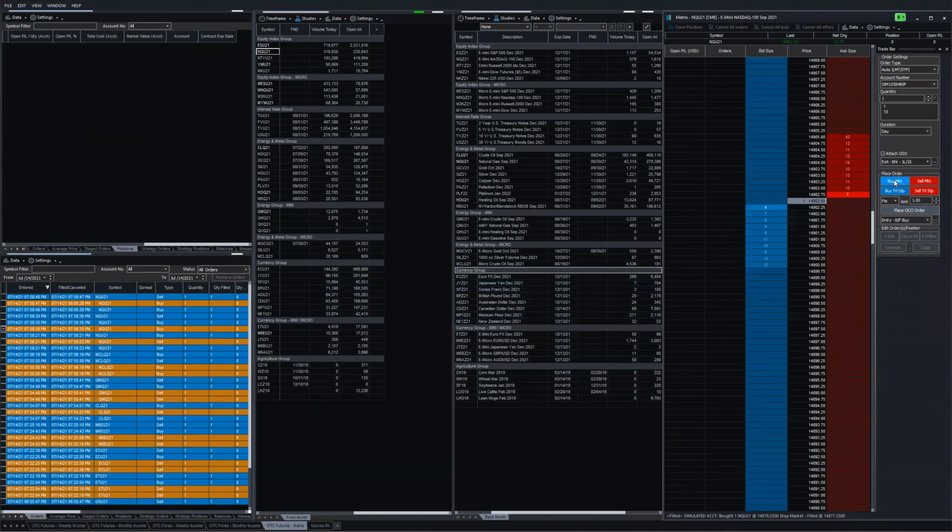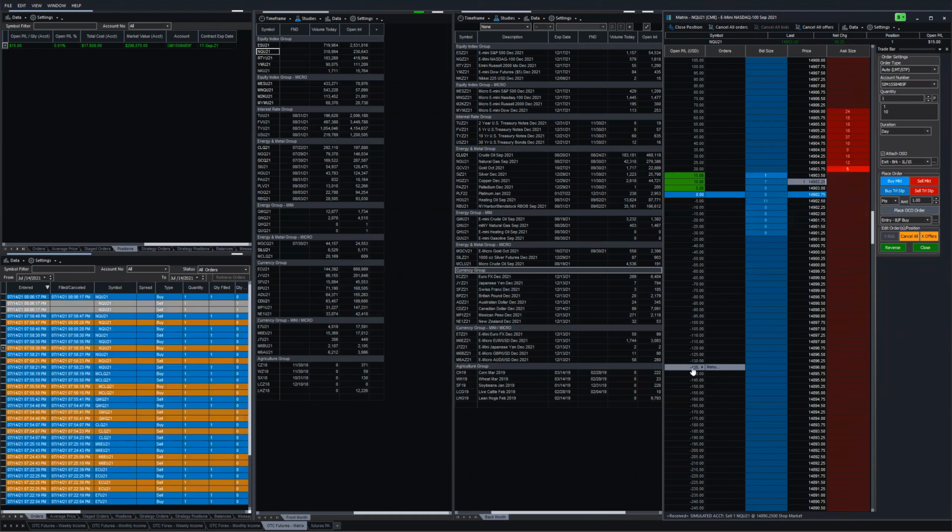So if I buy one contract now of the Nasdaq, you see, my market value is actually 300,000 US dollars. You see that? It's like I would buy stocks now if I buy the Nasdaq as an ETF with 300,000 US dollars.